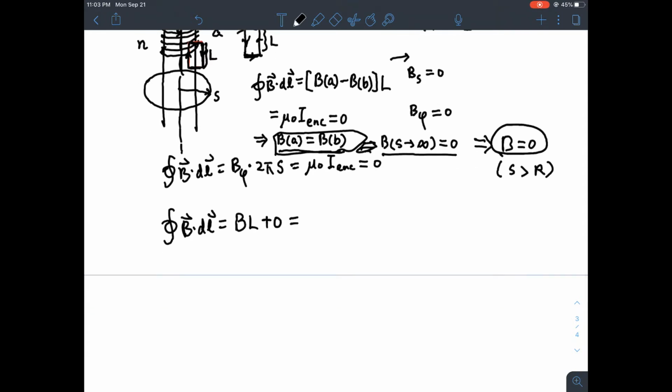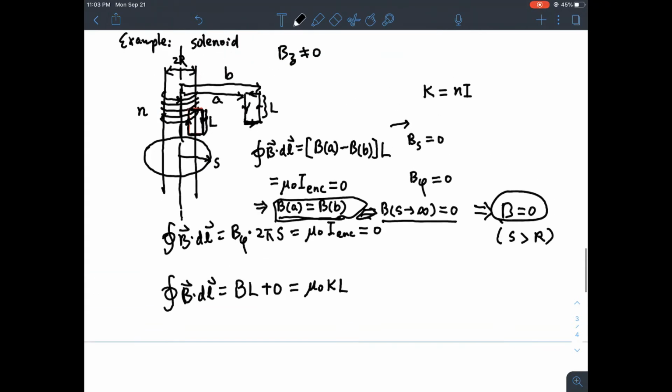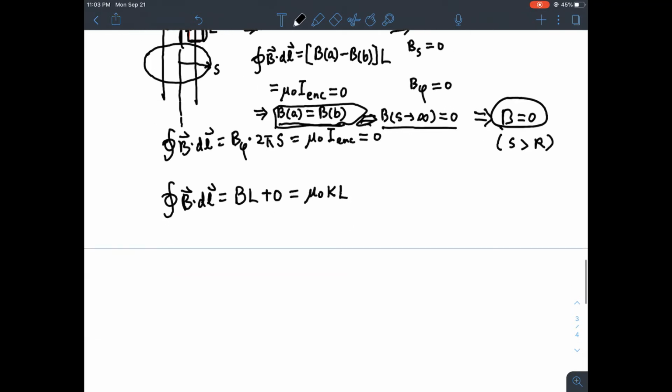So this should really be mu 0 times K times L. This is just the amount of current included inside this loop. You see that there is really current entering this loop.